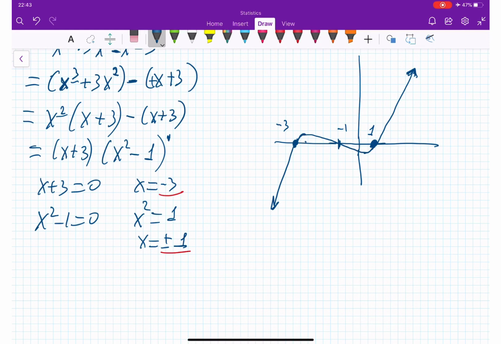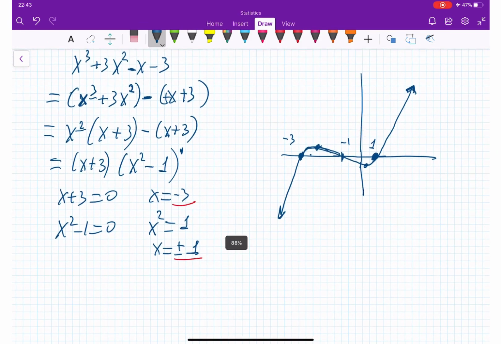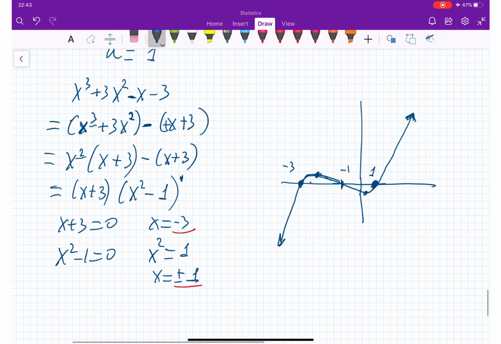So if you are interested to see these midpoints, where it's going, take this point, take this point, and calculate precisely how much it's going to be. But the easiest way: I can tell you right now that this point, it's going to cross. It's going to go, hold on. It's going to go through negative 3, something like this.